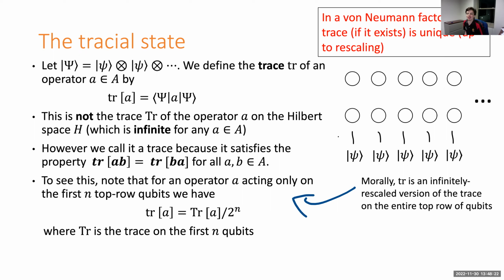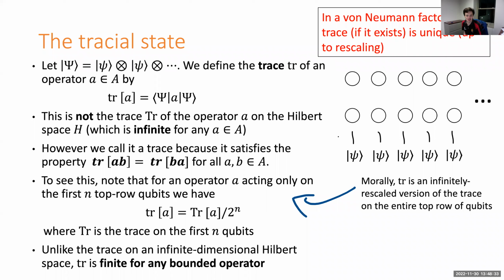Okay, so in a von Neumann factor, it turns out that a trace, if it exists, is unique up to possibly rescaling it by a constant. And so this is the only trace we can find. But this trace has an interesting property, namely that unlike the usual trace on an infinite dimensional Hilbert space, this trace is finite for any bounded operator.